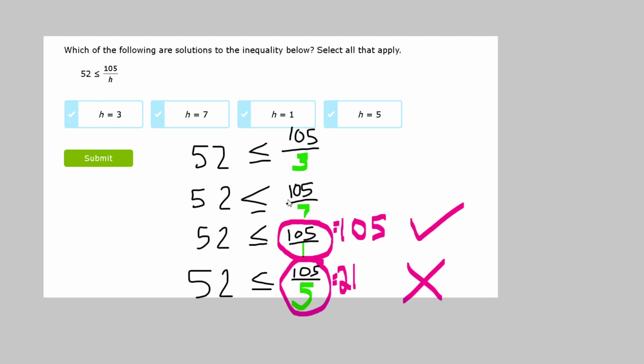Now we can try 105 divided by 7, but we don't really need to. We did 105 divided by 5 already, and that was 21. If we divide by a bigger number than this, it's going to be a smaller number. So we don't even have to do it. It won't work. Well, 105 over 3, we might have to try that one out. So let's go over here to the side.